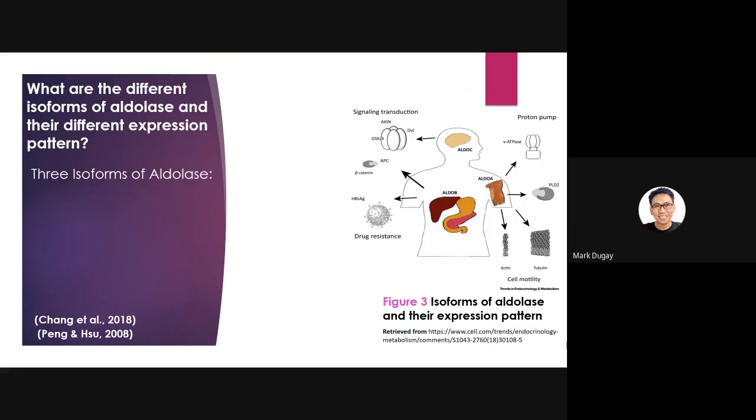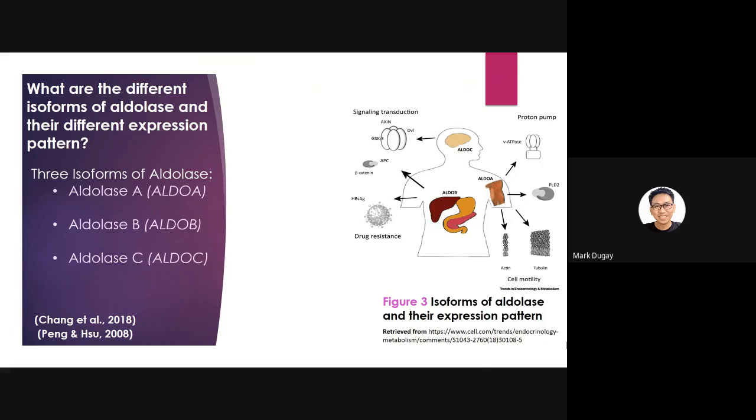We have here aldolase A, aldolase B, and aldolase C. All three aldolase isozymes catalyze the reversible cleavage of fructose 1,6-biphosphate or fructose 1-phosphate to dihydroxyacetone phosphate and either glyceraldehyde 3-phosphate or glyceraldehyde, respectively.